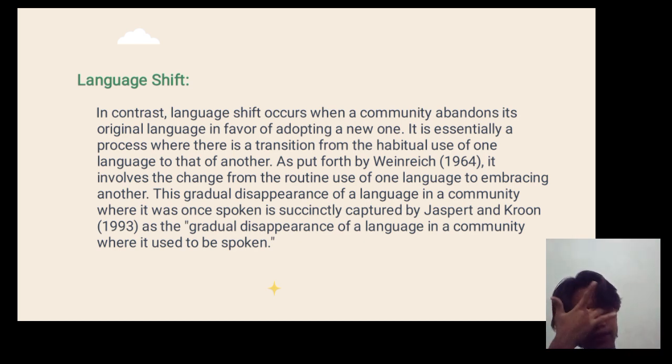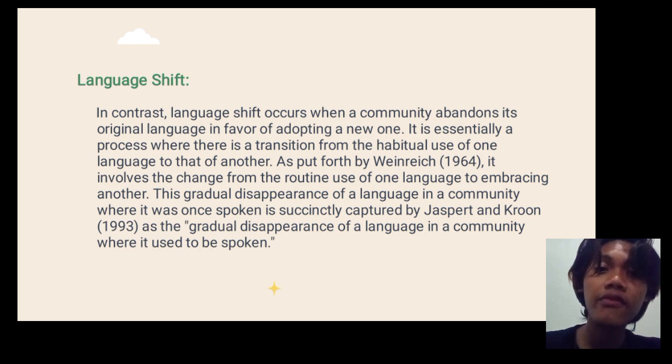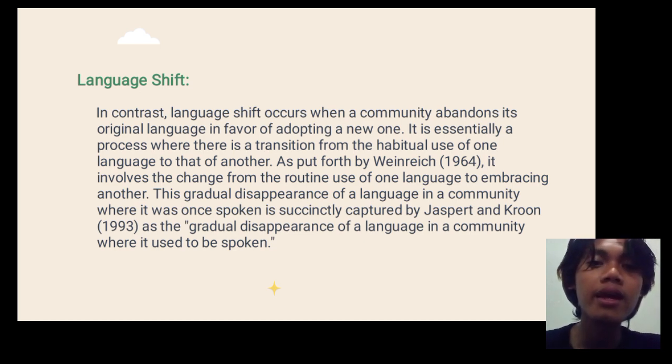Language shift. In contrast, language shift occurs when a community abandons its original language in favor of adopting a new one. It is essentially a process where there is a transition from the habitual use of one language to the routine use of another language.